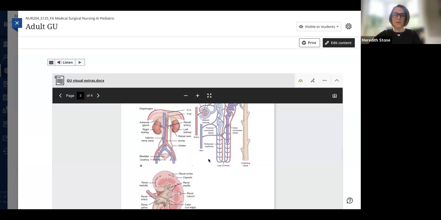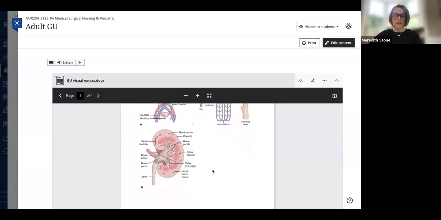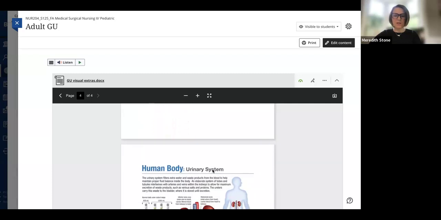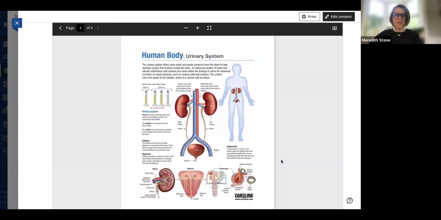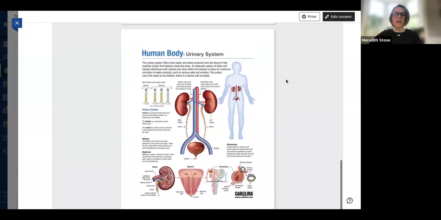Even though I'm not going to give you a visual of a kidney and have you draw in and label the anatomy, you do want to understand kidney function to be able to understand the pathophysiology that we're going to talk about. And this last one, I really just liked this picture. It's a good synopsis overall of the human body's urinary system, so I thought that ties it all together. So take a look at that. We are going to break it down in the slides and talk about all of these things, but I just wanted to point that out to you.